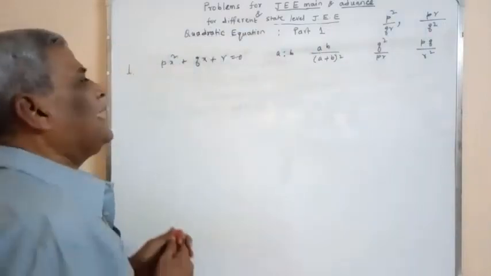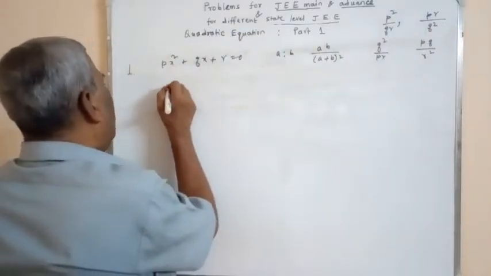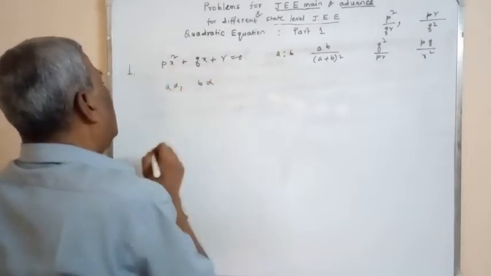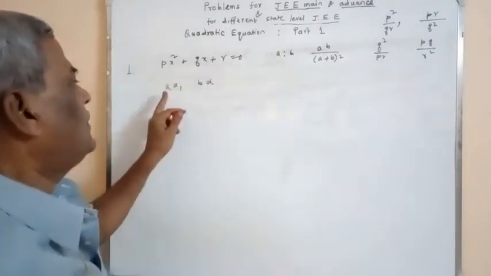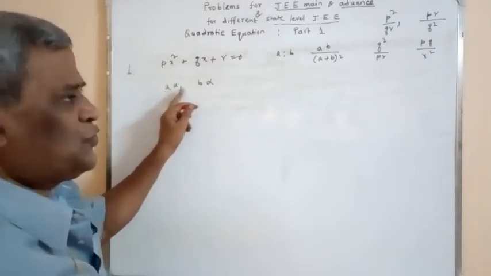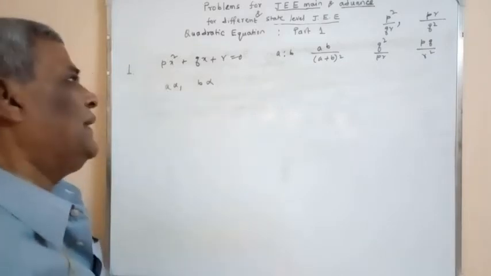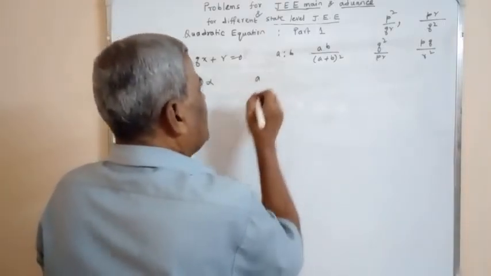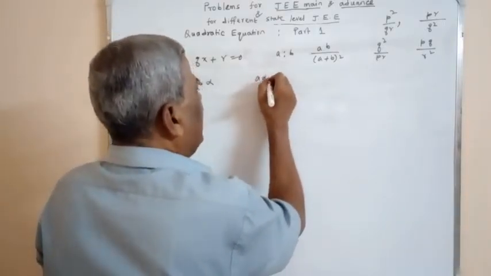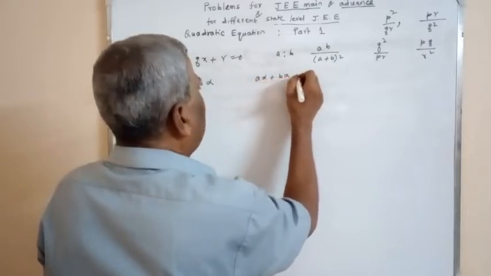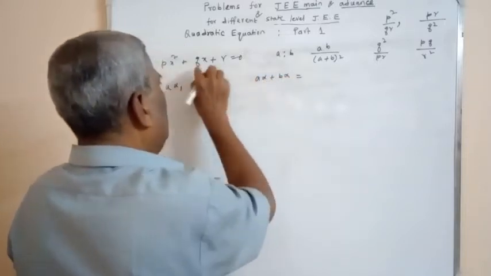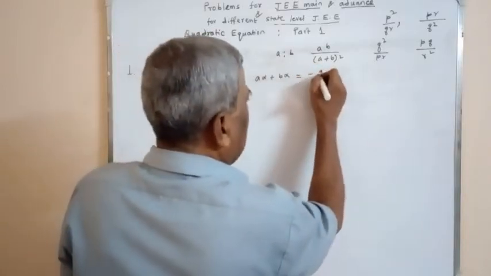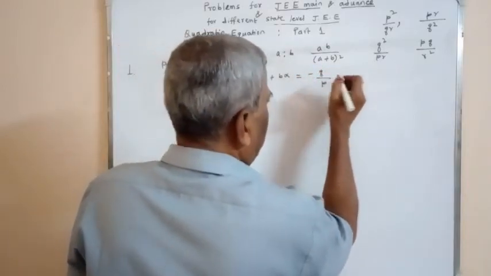Now safely we can take a alpha and b alpha as the two roots because their ratio is a is to b. So we must have the sum of the roots, that is a alpha plus b alpha, is equal to minus b by a, that is minus q by p.